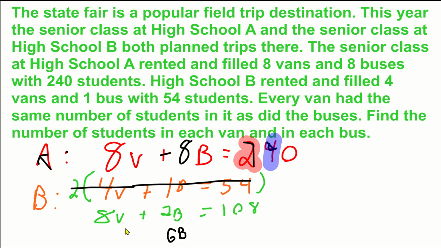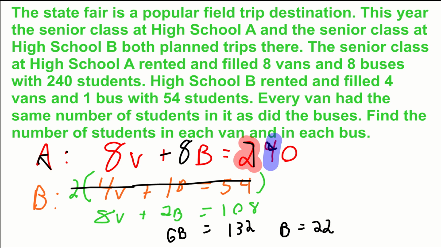So I'm taking this one up here, subtracting this one here. 240 minus 108 is 132. Now divide, 132 divided by 6. Gonna put 22 on each bus. Okay? Everybody good with that part?